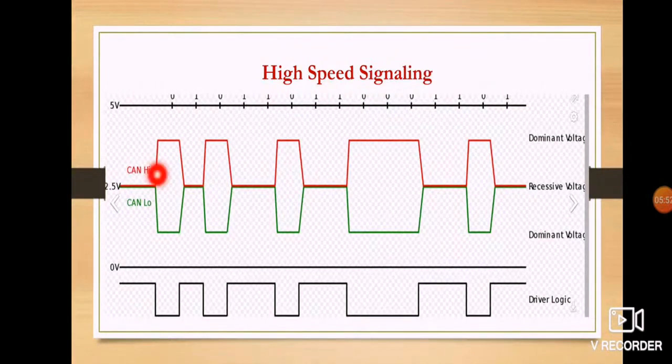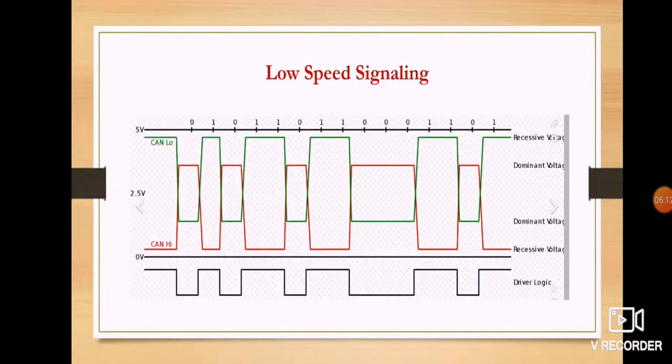See here, in this signaling of the high speed CAN, the voltage difference between CAN high and CAN low is very less. Only this much. It may be some 1.2, 1.3 volt, so that the data transmission will occur very soon. Whereas in low speed signaling, the voltage difference will be more.